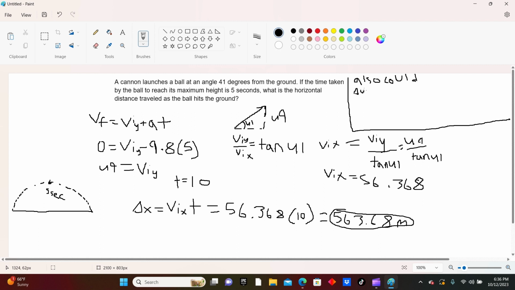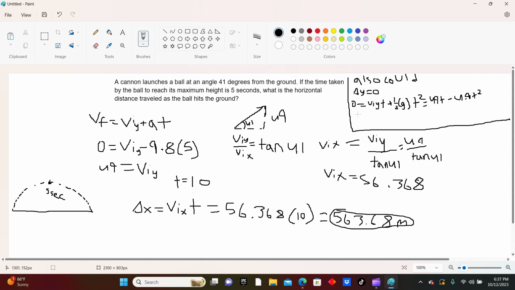Delta y equals 0. So then 0 equals VIY T minus or plus 1/2 G T squared. So it'll just be 49 T and then minus 4.9 T squared.